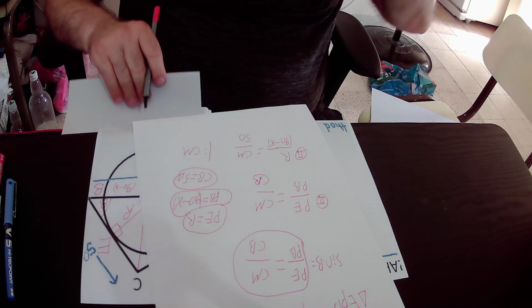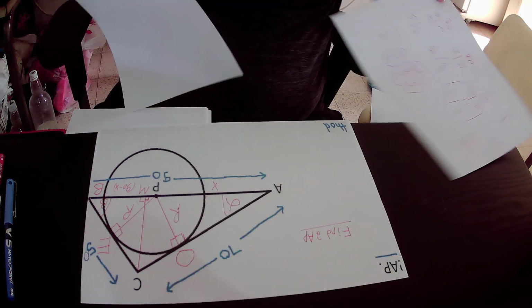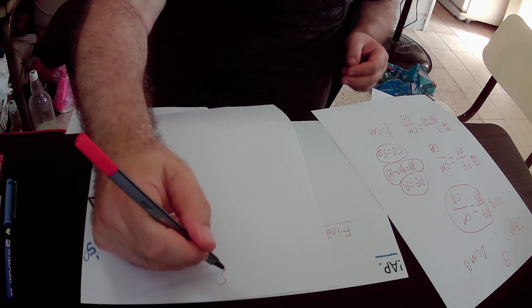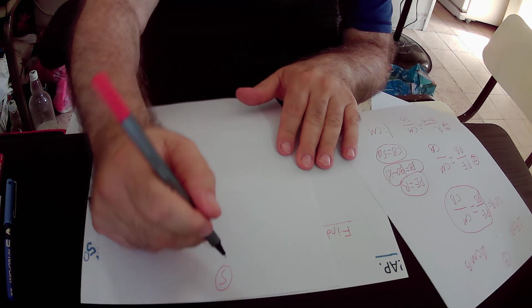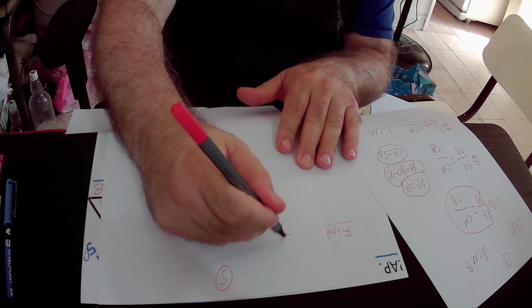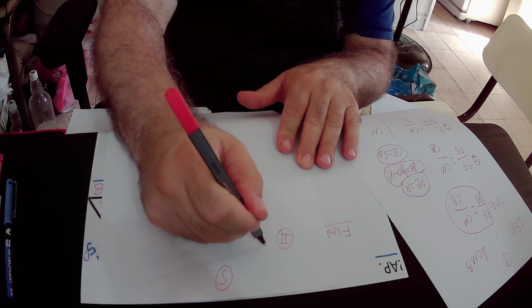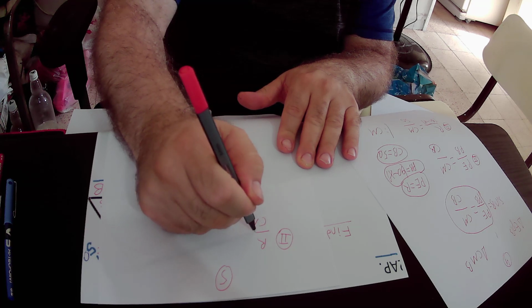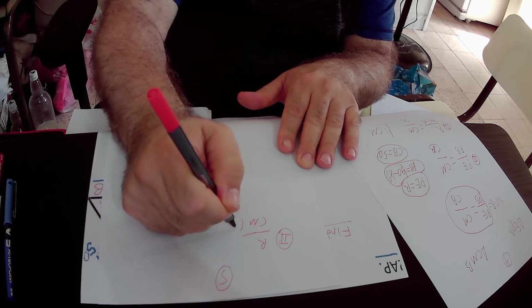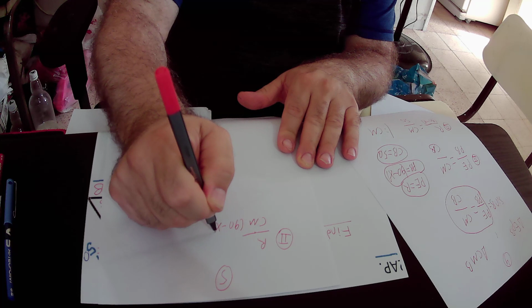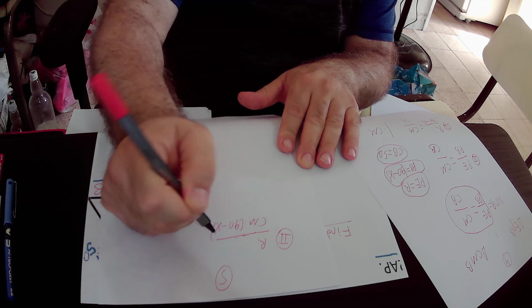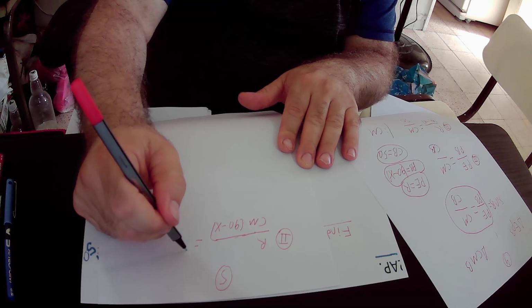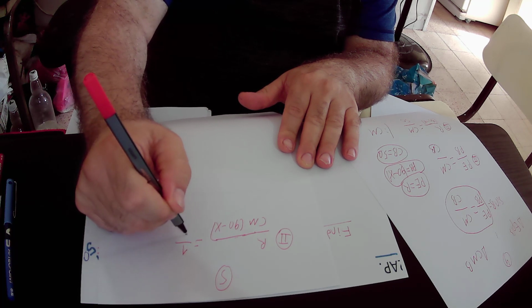We will get that the second equation: R over CM times 90 minus X equals 1 over 50.